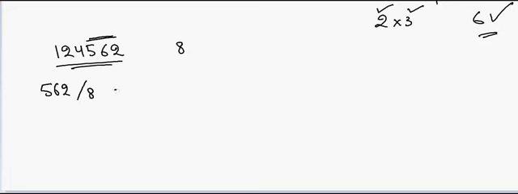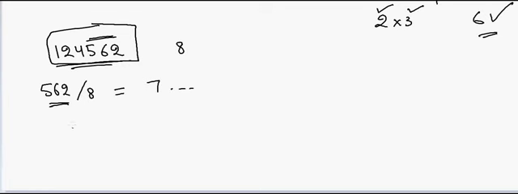So if we divide it by 8, then this will give me 7 and then something which is not divisible by 8. So this number is not divisible by 8. So this whole number should not be divisible by 8.